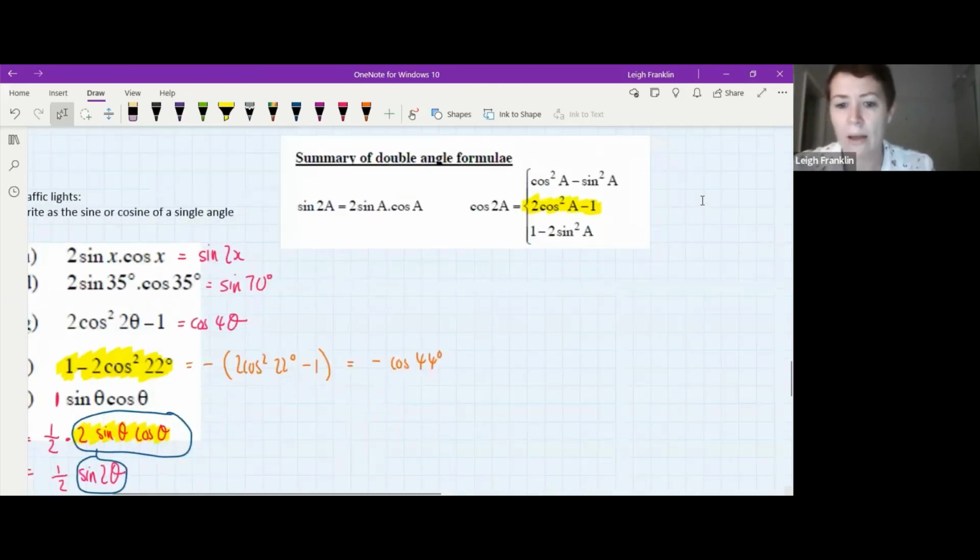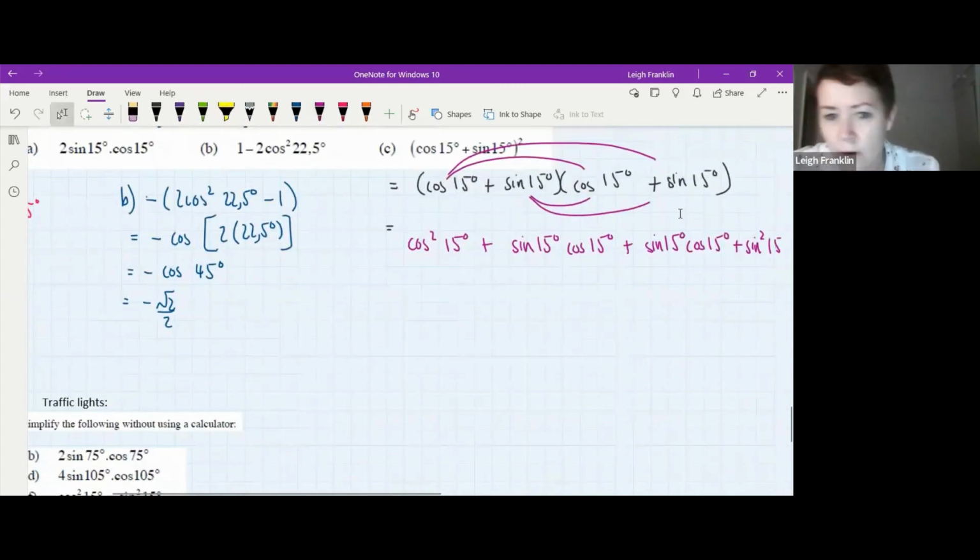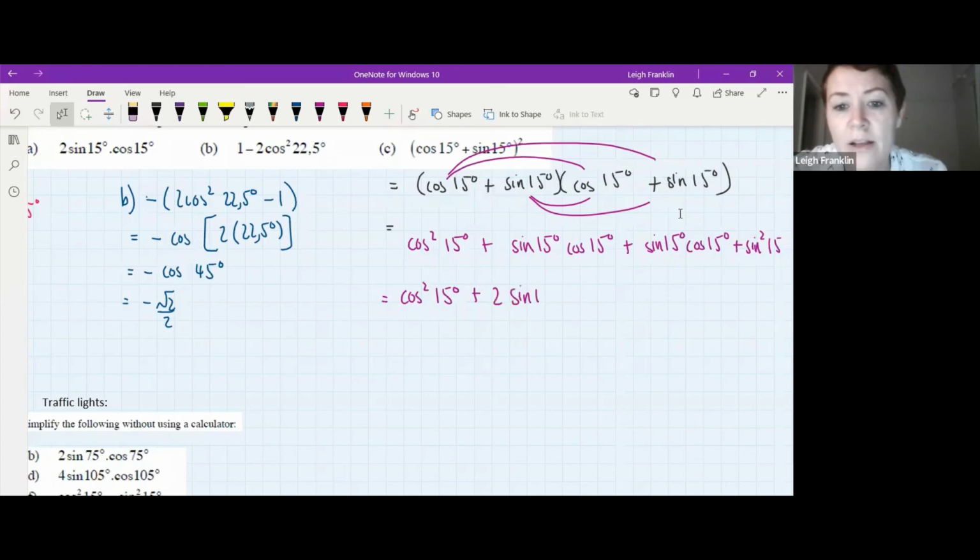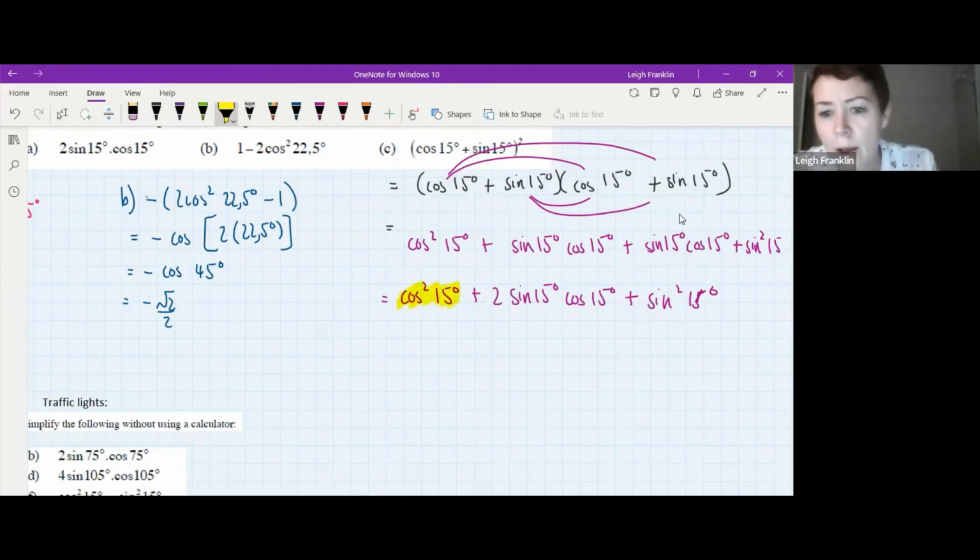Now we end up with cos squared 15 plus 2 sine 15 cos 15 plus sine squared 15. Very badly written by me. Cos squared 15 plus sine squared 15 is equal to 1. That's your square identity.